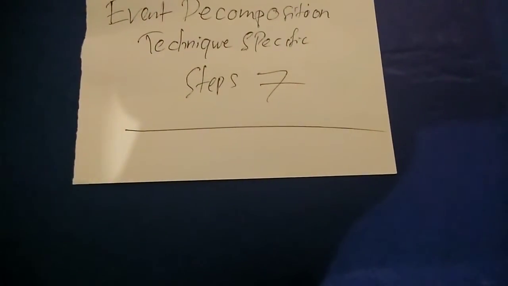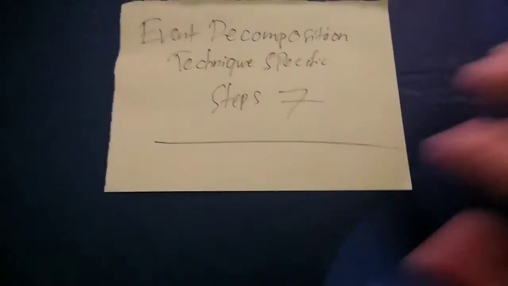This is the last part: the benefits of the event decomposition technique. What are the benefits? 1. It goes beyond user goals, capturing temporal and state events, and decomposes at the right level of analysis: the EBP, elementary business process.